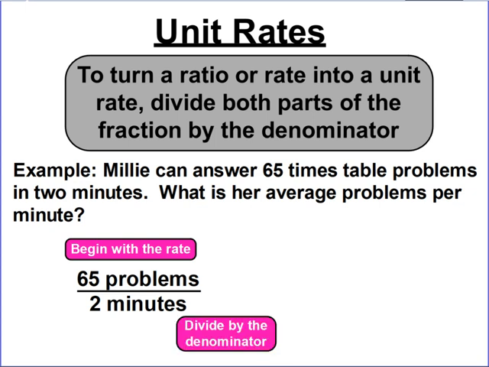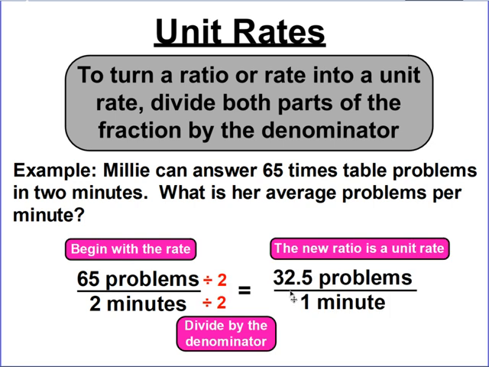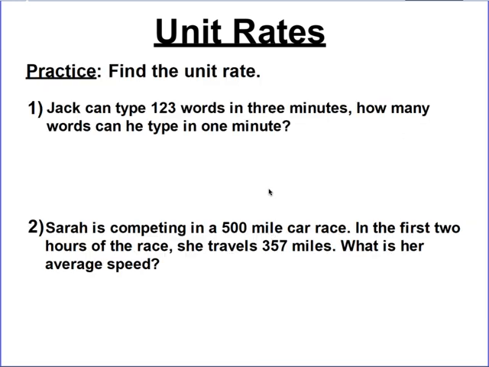If we divide by the denominator, which is 2, the denominator will turn into 1 minute, but you guys should already be able to figure out that when you divide an odd number by 2, it's not going to be a whole number. It's going to have a 0.5 after it. So when we do our division here, it's 32.5 problems in 1 minute. That is her average, or that is the unit rate for the number of problems that she can answer in 1 minute.